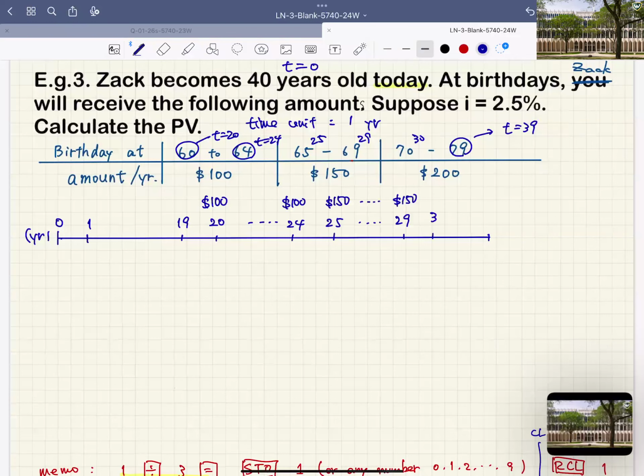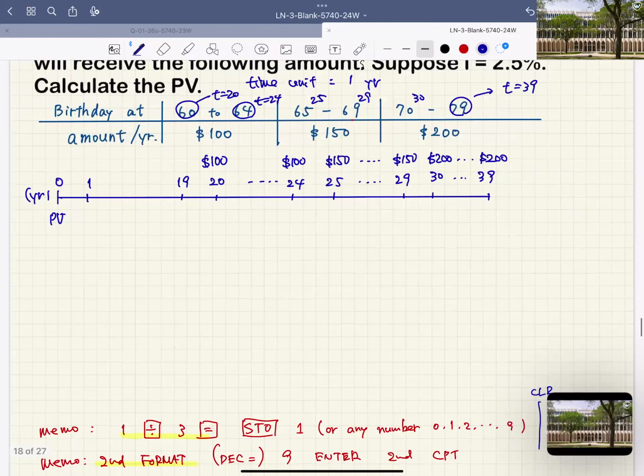And t equal to 30 to 39, you will receive $200. And we want to calculate present value here. Of course, there are several ways to calculate this, but here we want to use the block payment formula as far as it's possible.